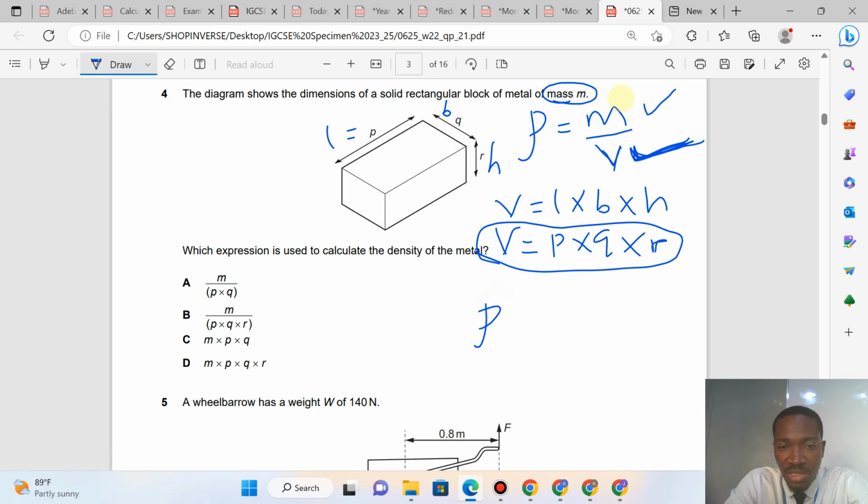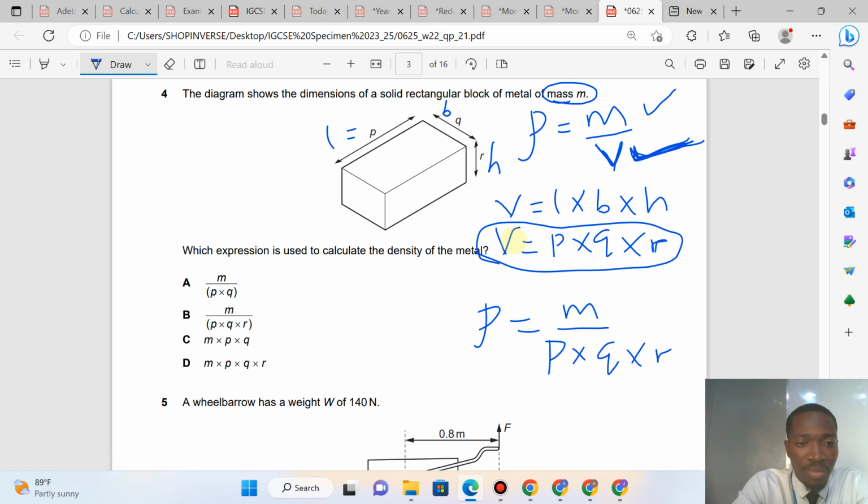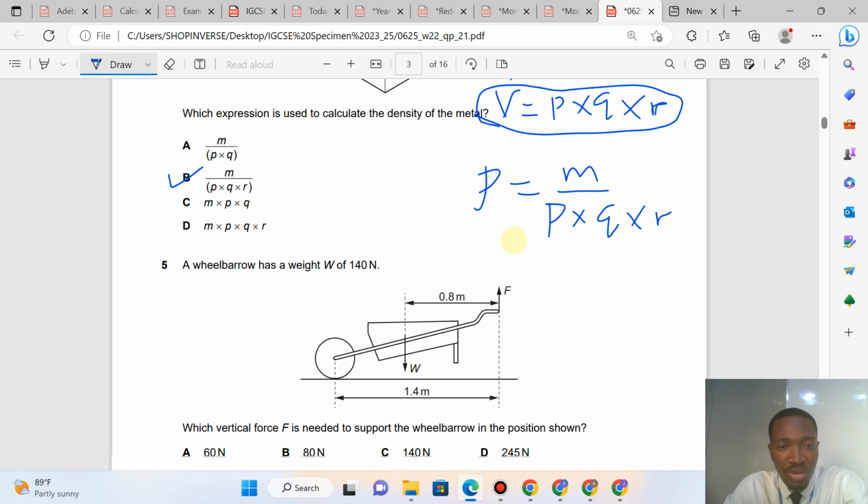So that means the density is the mass divided by, instead of writing volume here, we are going to write this expression that represents volume. So you write p times q times r, which is option B, m over pqr.